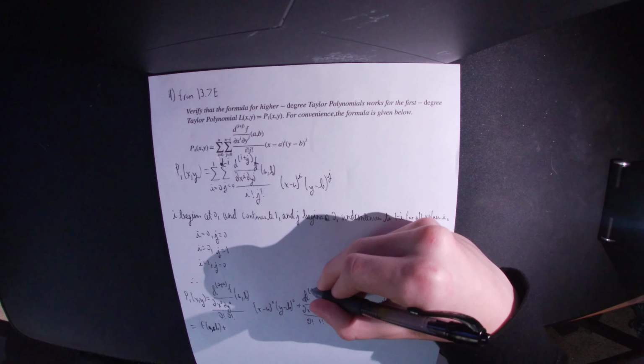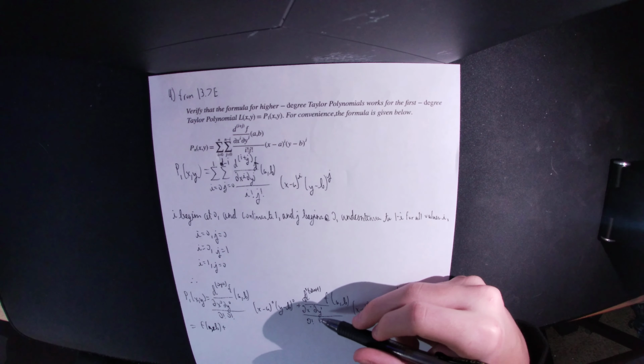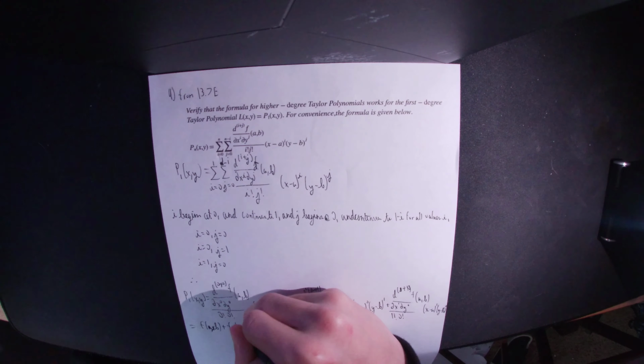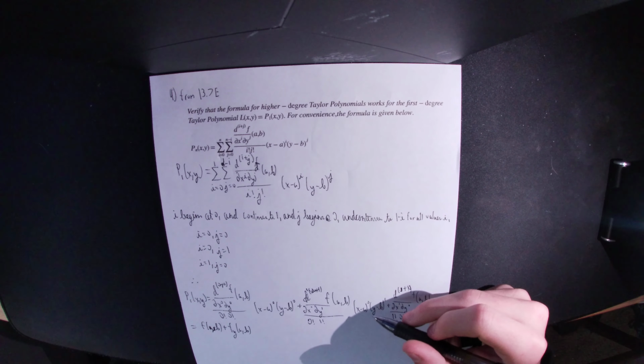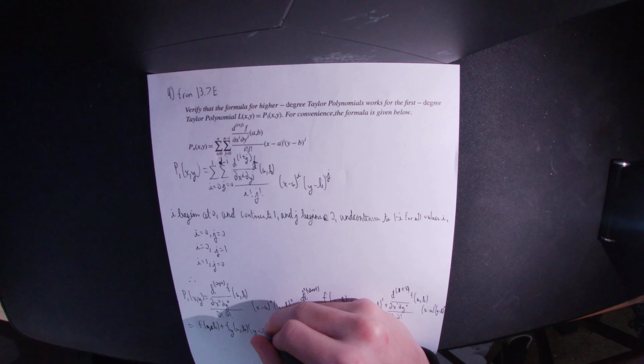Plus the first derivative with respect to the partial y will give us f sub y of a comma b. Once again, x minus a to the 0 is 1, but now we also have the y minus b term.